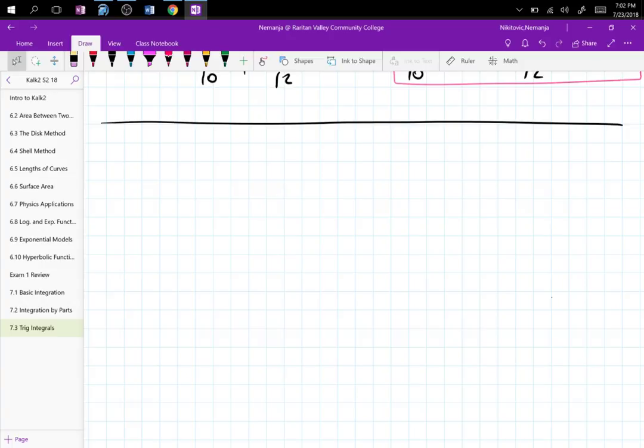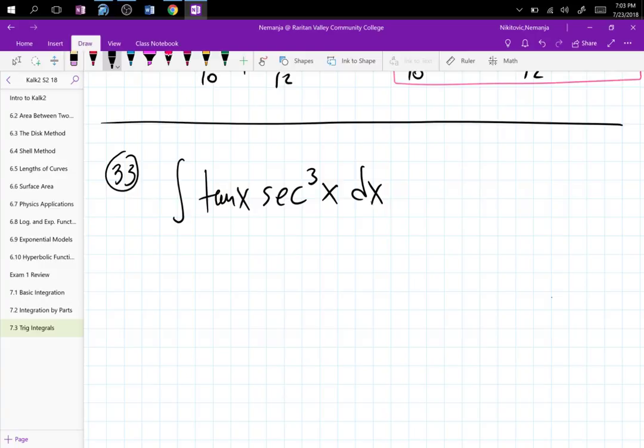All right, so let's take a look at one of these that have interesting problem 33, integral of tangent x secant cubed x dx.